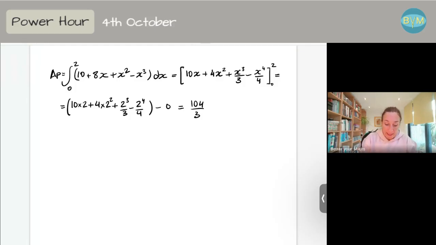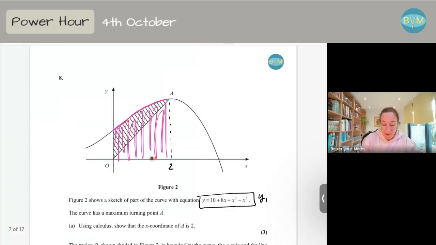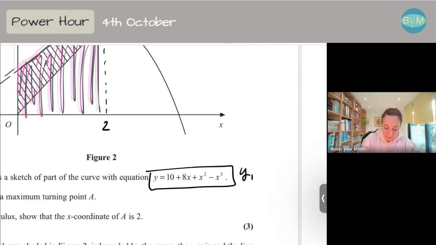Area of the triangle. For the area of the triangle, we are going to do 1/2 base times height. Base is 2. We need the y coordinate of A. The y coordinate of A is found when we substitute x by 2 in the function, because that point is on my function.